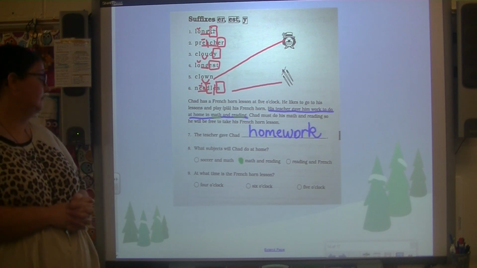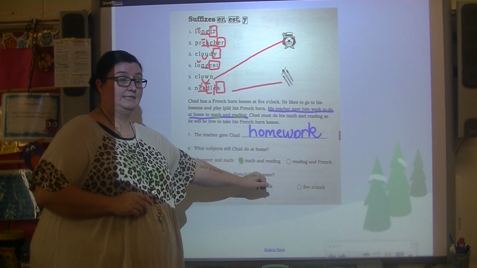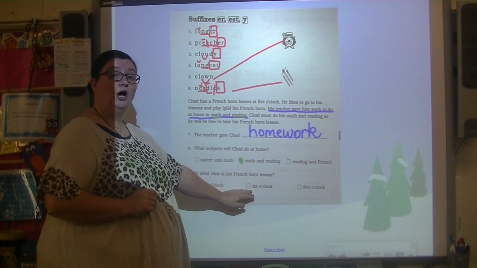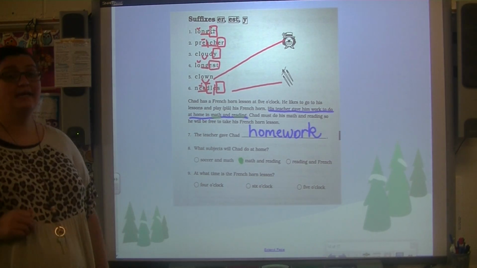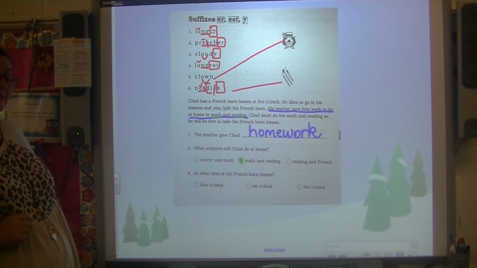Number 9, at what time is the French horn lesson? 4 o'clock, 6 o'clock, 5 o'clock. Underline the answer in the passage and then bubble in your answer.